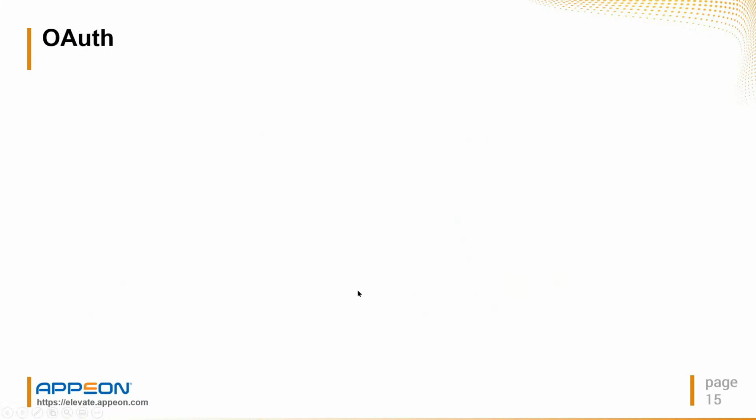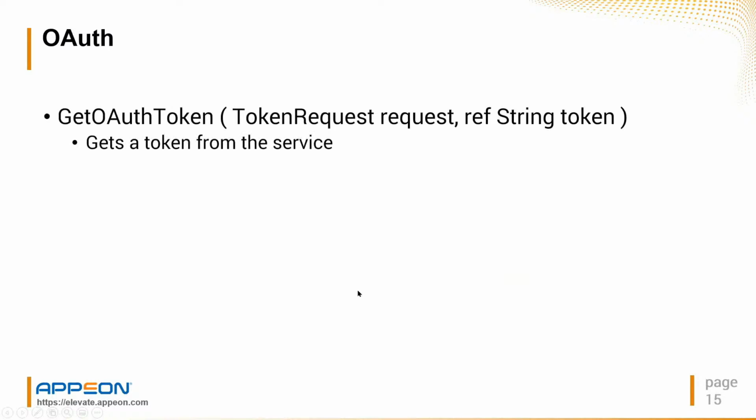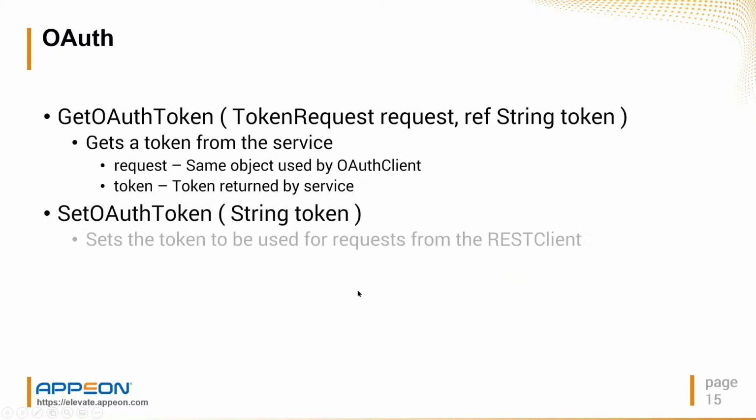So next is OAuth. There's a couple new methods here. Let me get them all on the screen. There is a get OAuth token and a set OAuth token. What you do is you prepare a token request, and then you pass in a string by reference, and you get the token back.